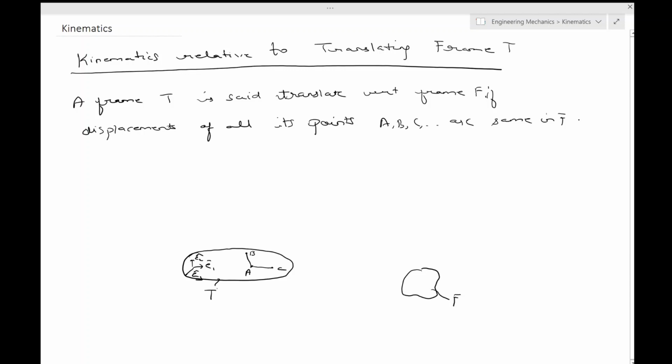So this is a T frame. So now we have B1, we have A1, and we have C1.